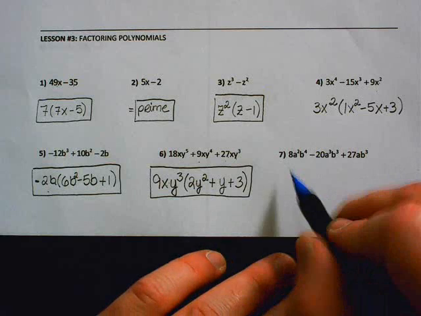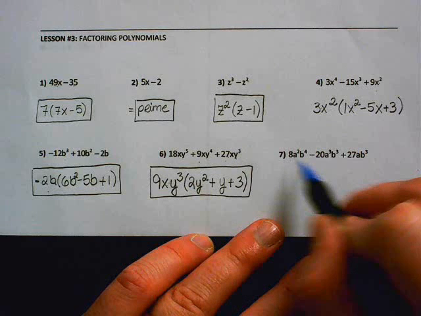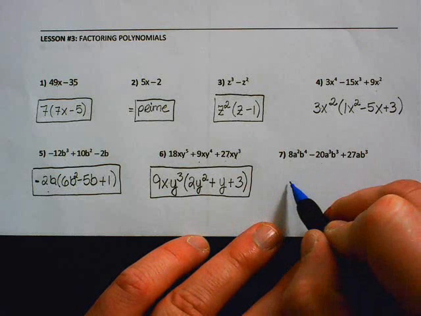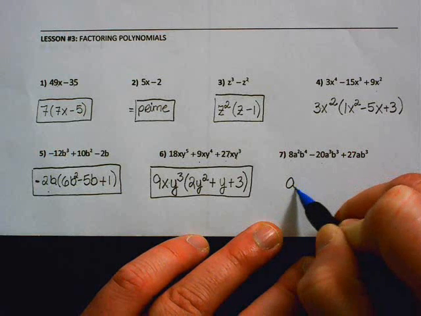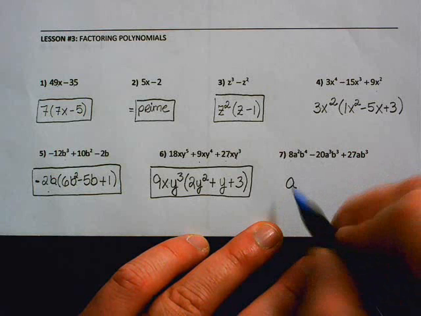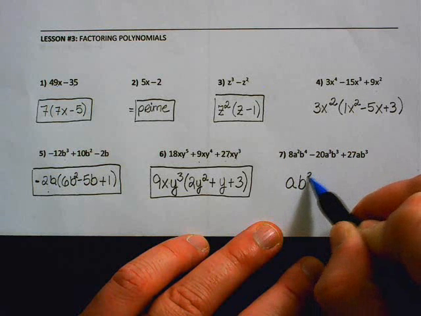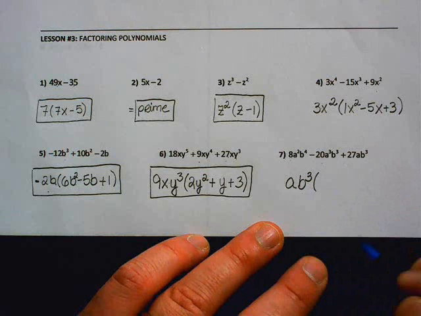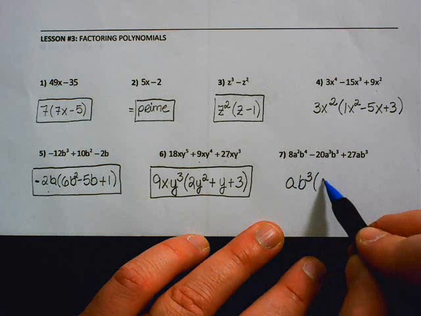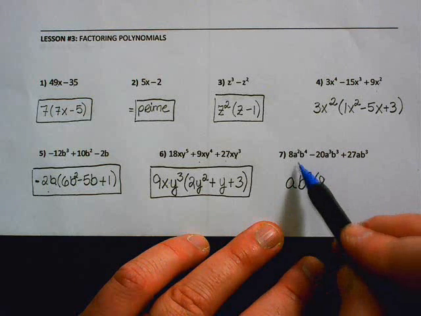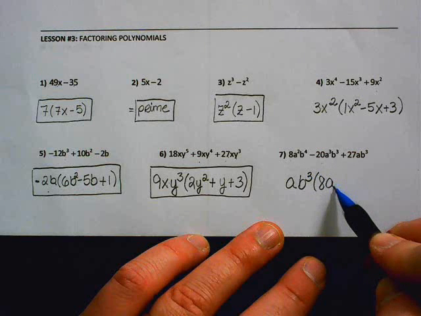Okay, last problem. As I look into this, there's no number that goes into 8, 20, and 27. But I can also factor an a, because that's my smallest exponent. And I can factor a b to the 3rd, because that's my smallest exponent for b. So 8 divided by an invisible 1 is 8. A squared divided by a is a.